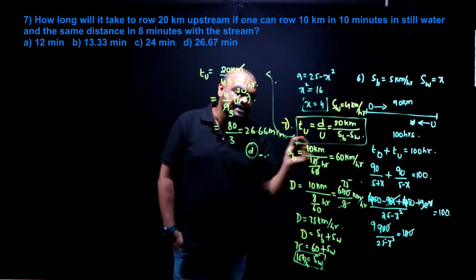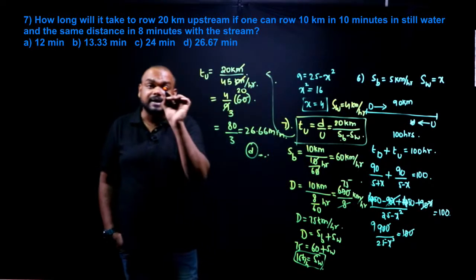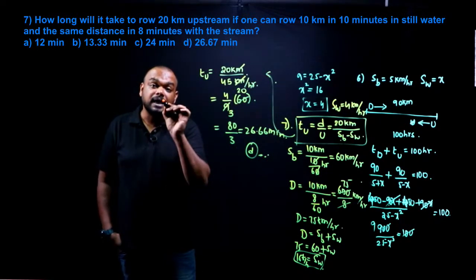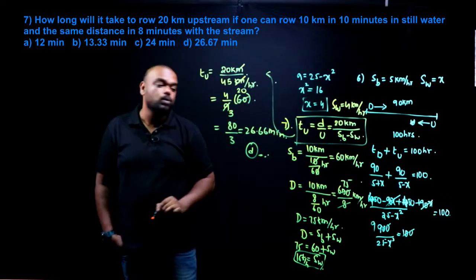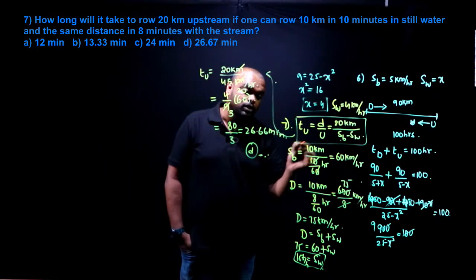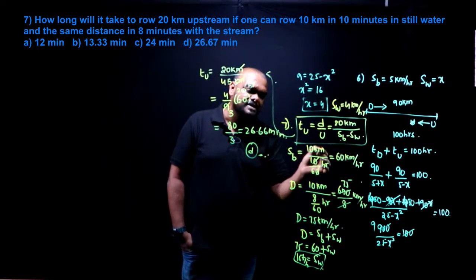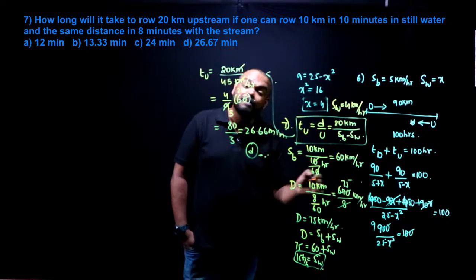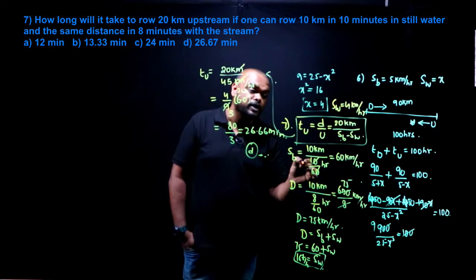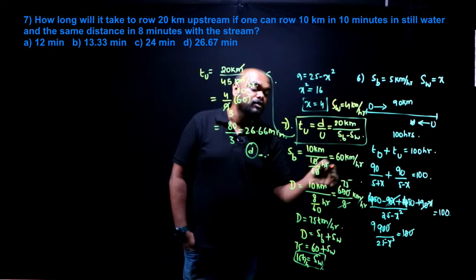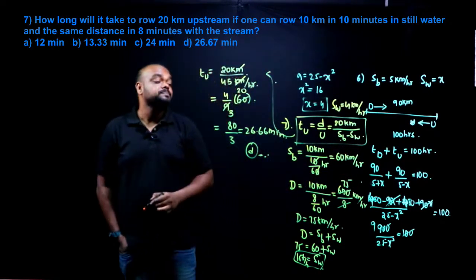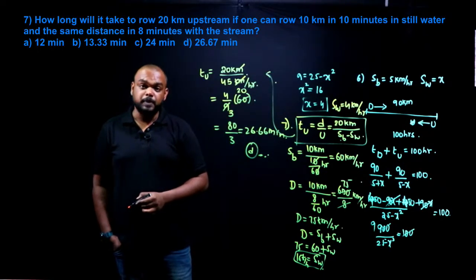So distance is there, time is there. I can calculate speed, the speed of a boat in still water. SB is equal to distance by time taken. Distance 10 kilometers, time is 10 minutes. Converted into hours because I want kilometer per hour. That's why 10 by 60 hours, you will get 60 kilometer per hour. That is SB value, speed of boat in still water.